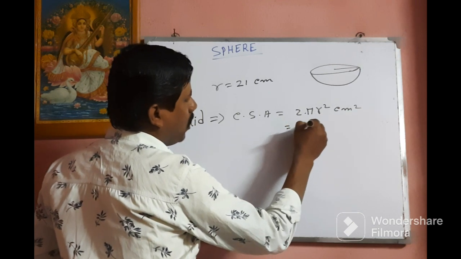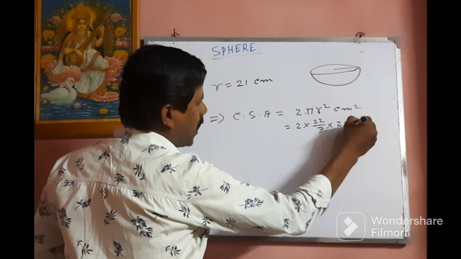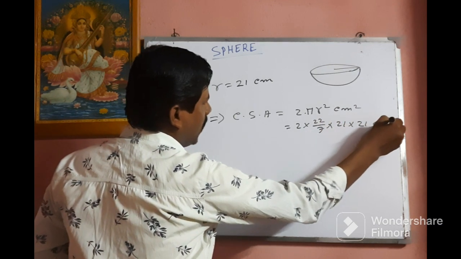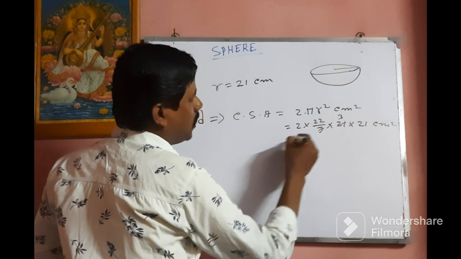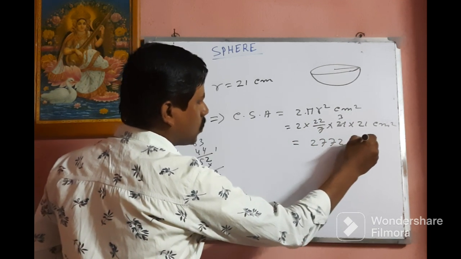If we put the value of pi is equal to 22 by 7 and r is equal to 21, then by calculating, we get 2772 centimeter square.